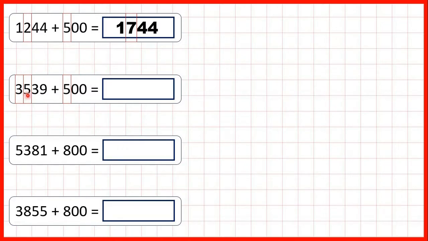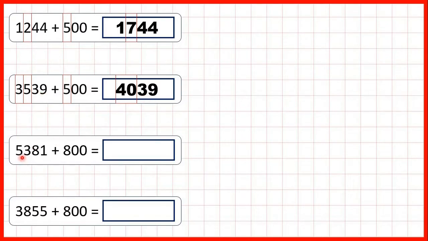Now, 35 plus 5 is 40. So our answer is 4,039, because 35 plus 5 is 40, and then because we're not adding any tens or ones, the tens and ones in the number that we started with stay the same.